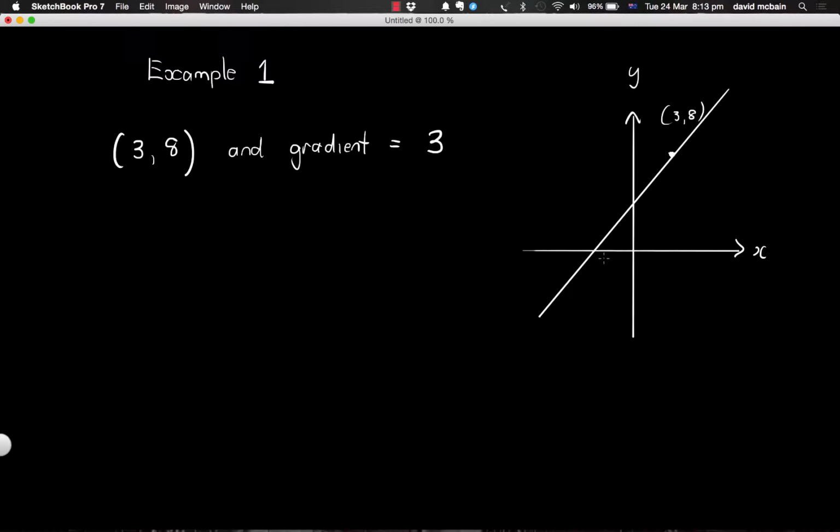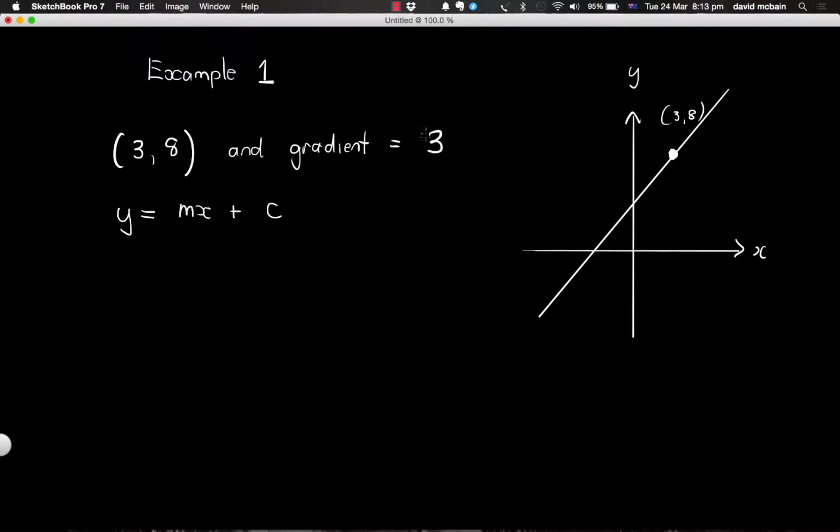Okay. So we know one point, we know the point there, and we know the gradient. How do we work out the equation of the line? Well, it's actually quite easy. We always start with the general form. So we know the general form of any linear equation is y equals mx plus c.